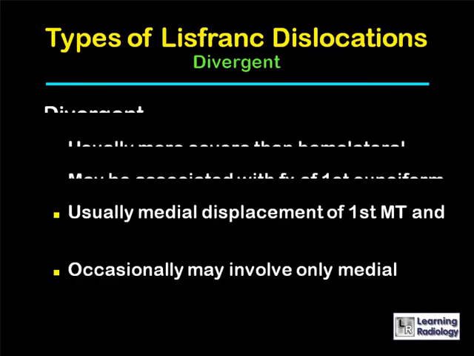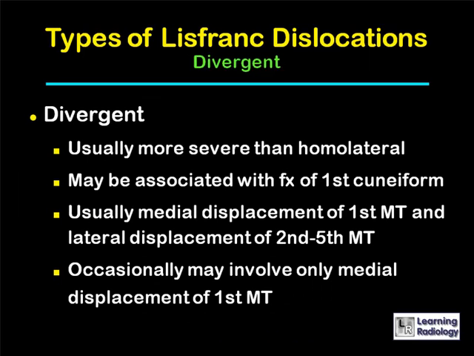The second type is a divergent type of Lisfranc fracture dislocation. It is usually more severe than the homolateral variety and is frequently associated with fractures of the first cuneiform. There is usually medial displacement of the first metatarsal and lateral displacement of the second through fifth metatarsals, but occasionally they may involve only medial displacement of the first metatarsal.